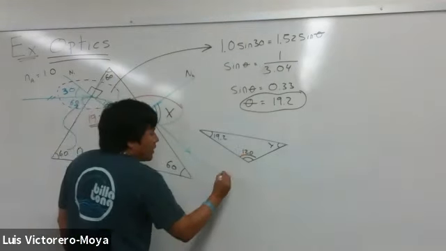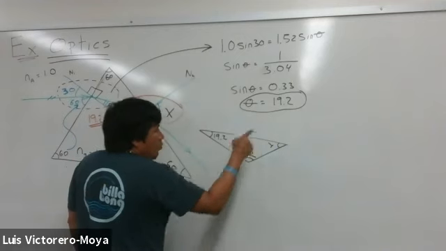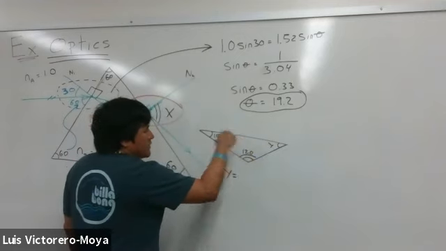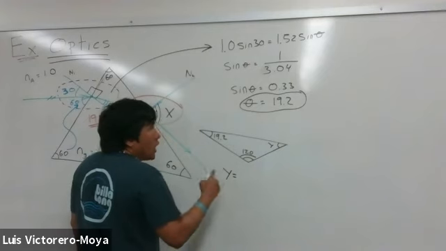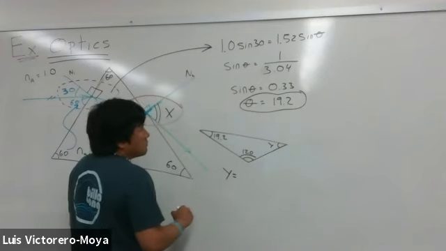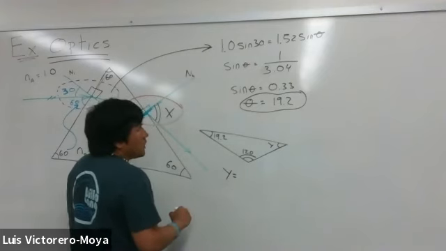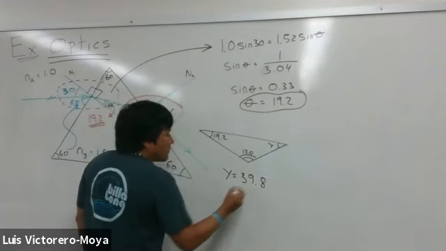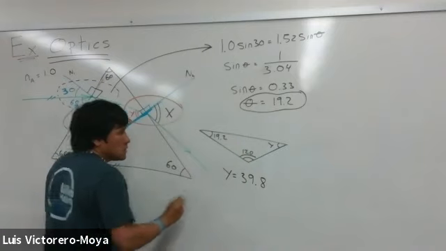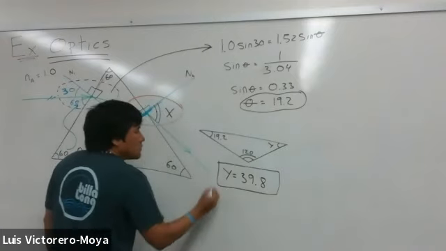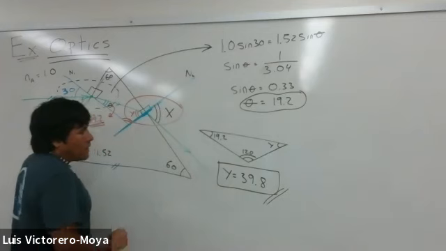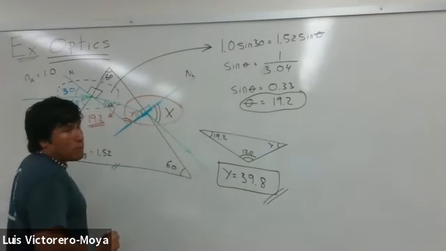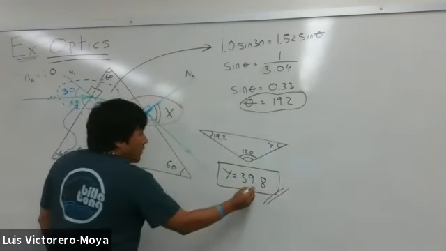Then I can find Y. Y will be 180 minus 120, 60 minus 19.2. 60 minus 20 is 40. So 39.8 degrees. That's important, right? That's the extra step. So you found this angle.